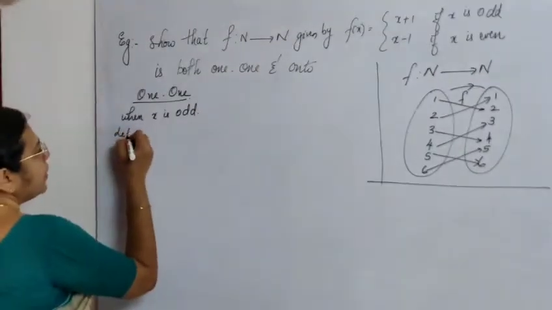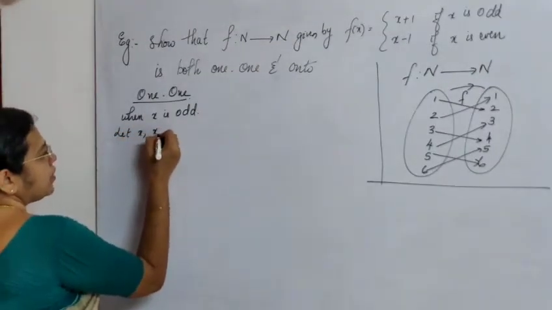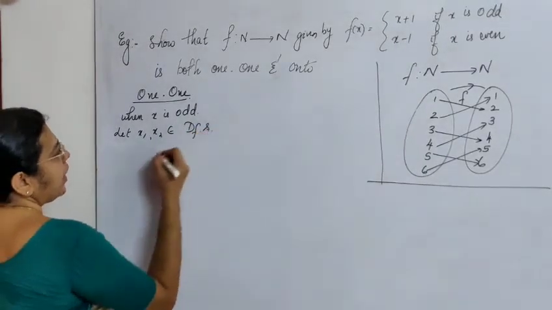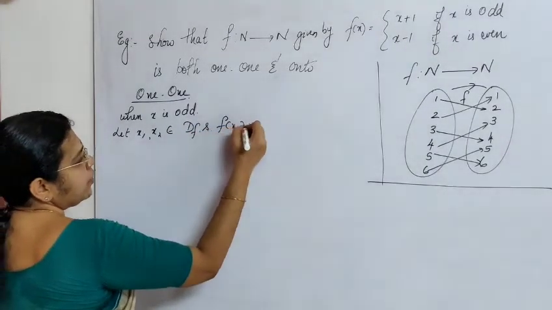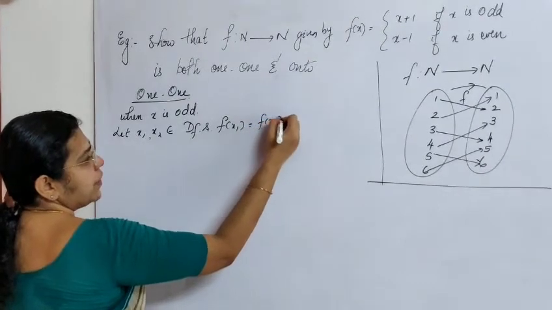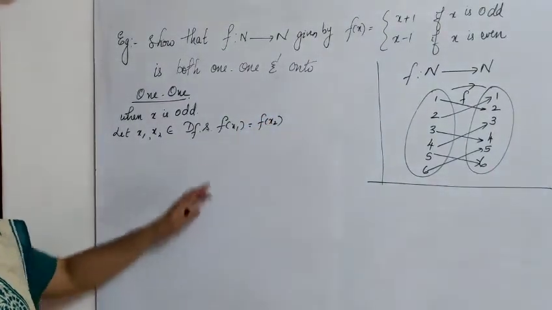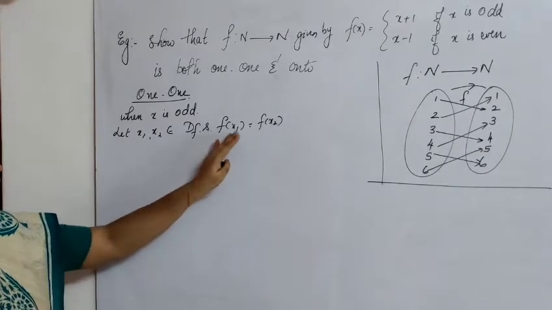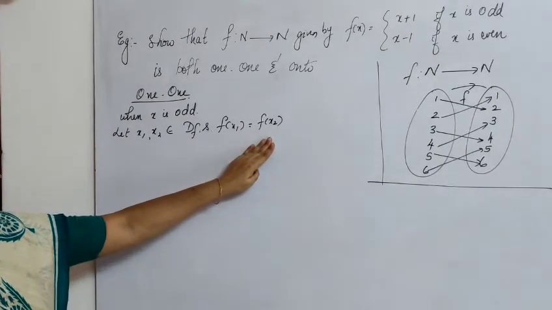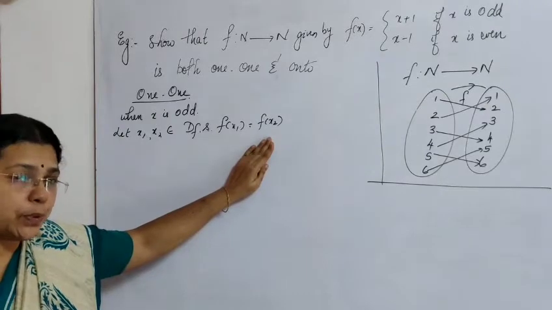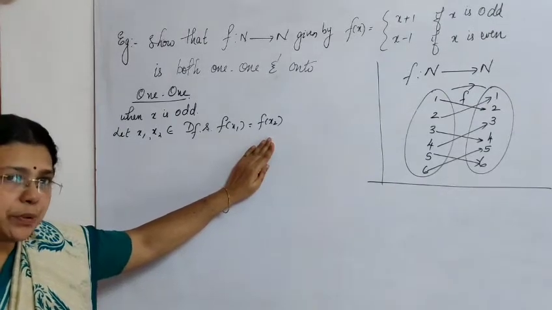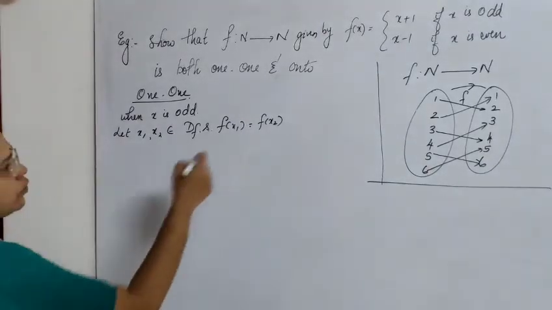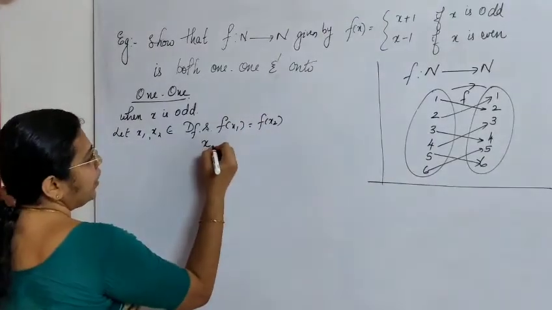So let x1, x2 belong to the domain of the function such that f of x1 equals f of x2. Right? Isn't this the way I prove it? I take two elements that belong to the domain of the function such that f of x1 equals f of x2. Now, to prove that it is 1-1, what must I prove? x1 equals x2.